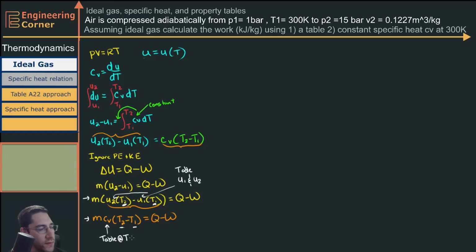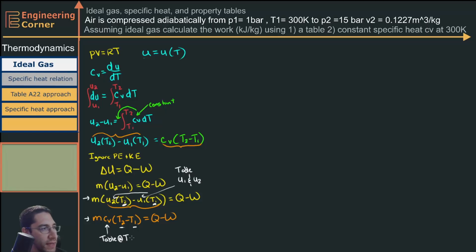So now what I'd like to do is work the following problem. We have that air is compressed adiabatically from P1 equal to 1 bar, T1 equal to 300 K, to P2 equal to 15 bar, V2, our specific volume, equal to 0.1227 cubic meters per kilogram.